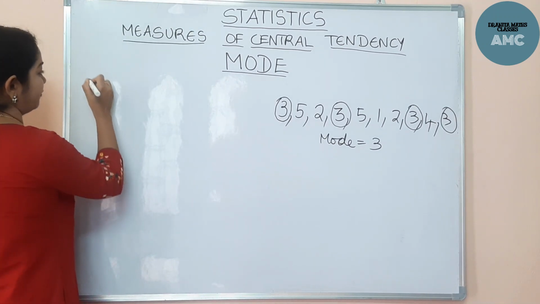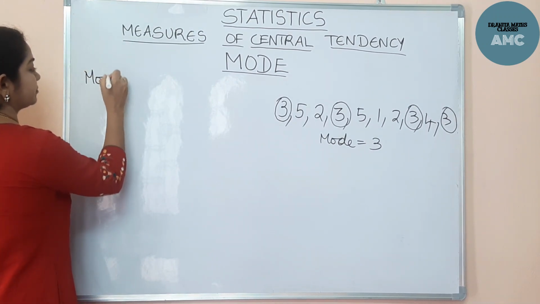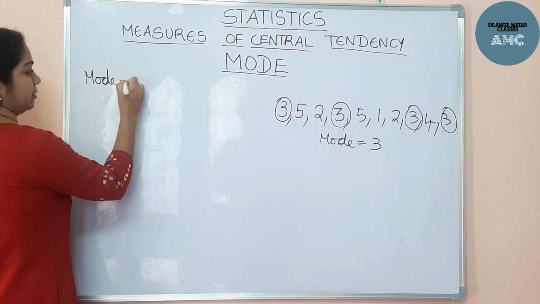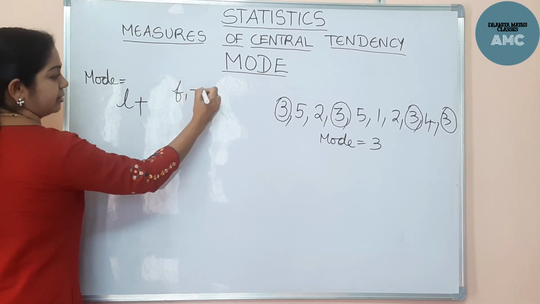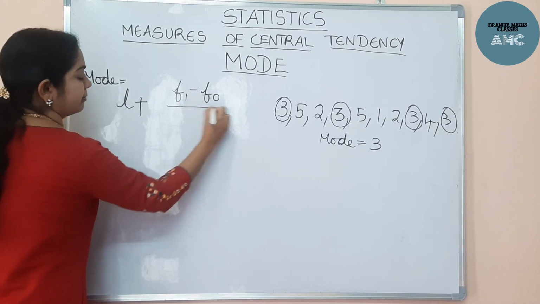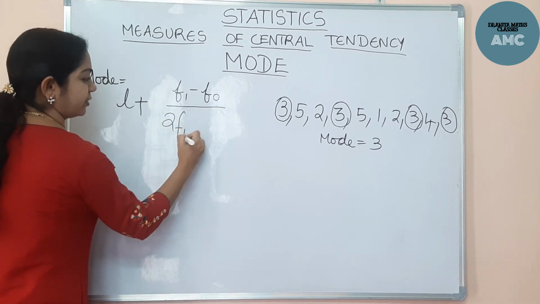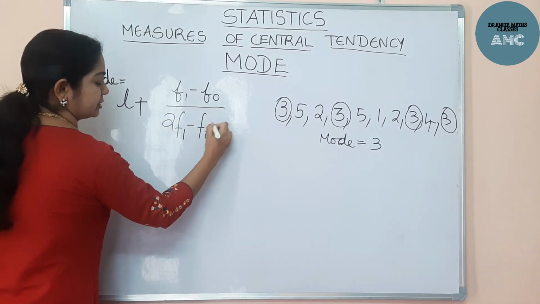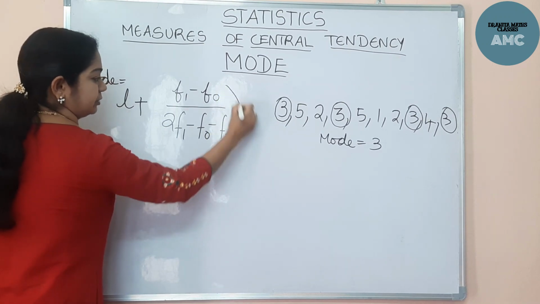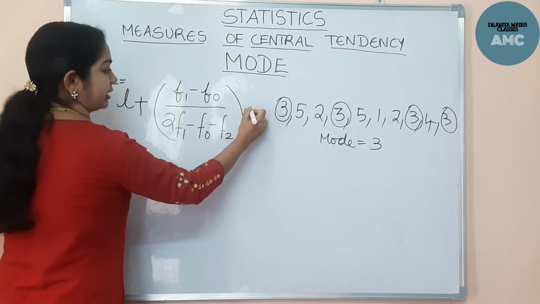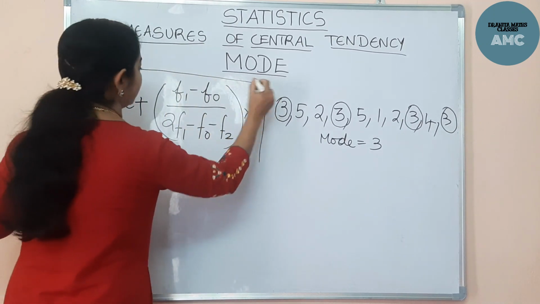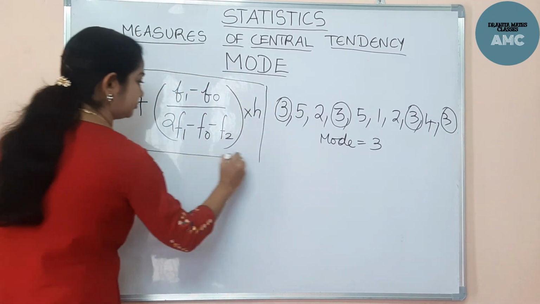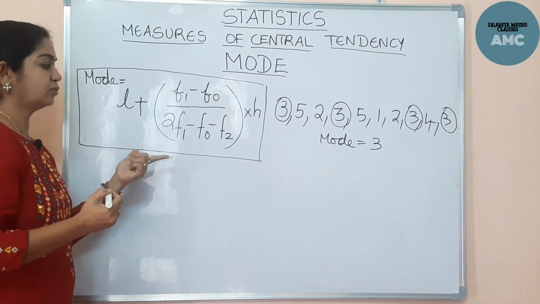The formula for mode is L plus (F1 minus F0) by (2F1 minus F0 minus F2) into H. This is the formula of mode for grouped data.